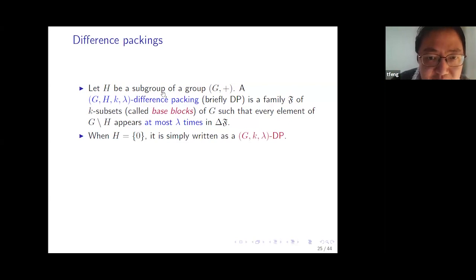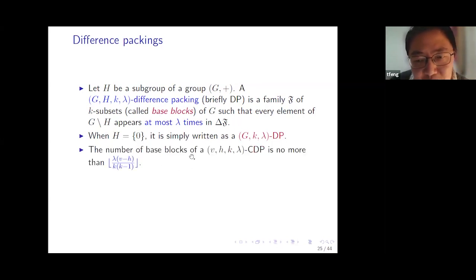Let H be a subgroup of group G. If, as differences, the base blocks cover every element of G minus H at most lambda times, then we call it a difference packing. If at most is replaced by exactly, then the difference packing is a difference family.